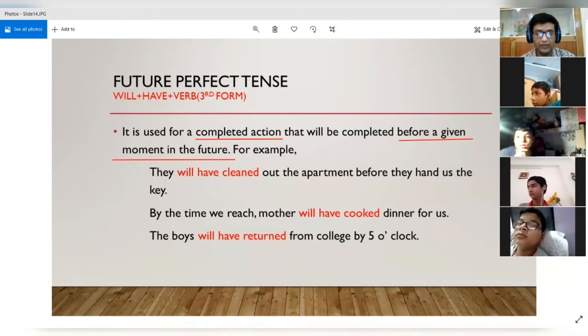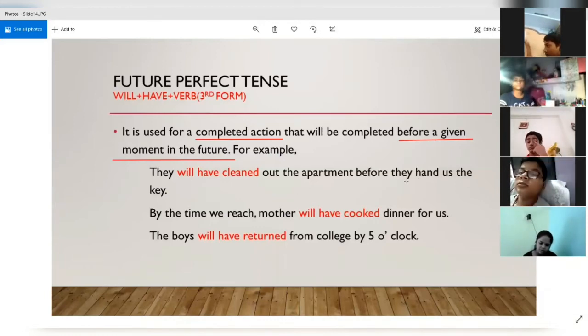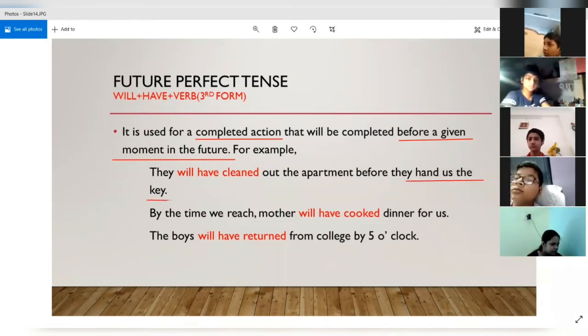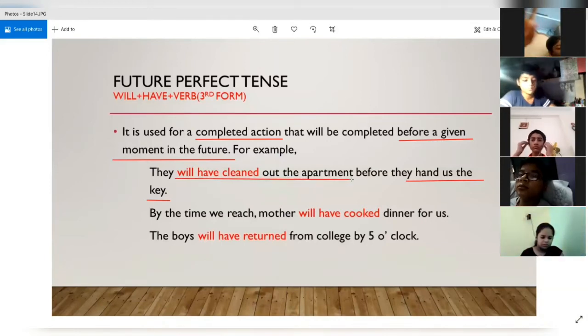For example, if you see the examples, they will have cleaned out the apartment before they hand us the key. So handing us the key will happen in the future, right? And which action will have been completed by then? This action, that they will have cleaned out the apartment.